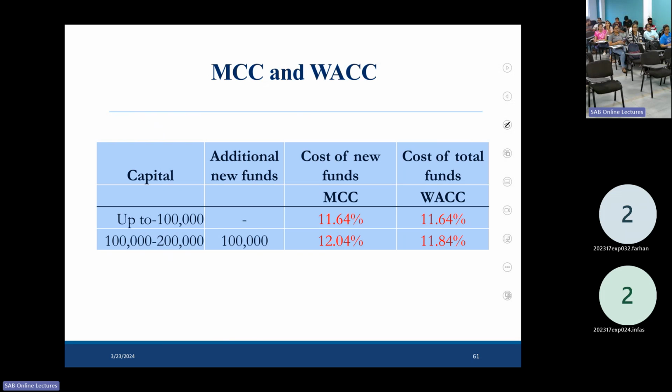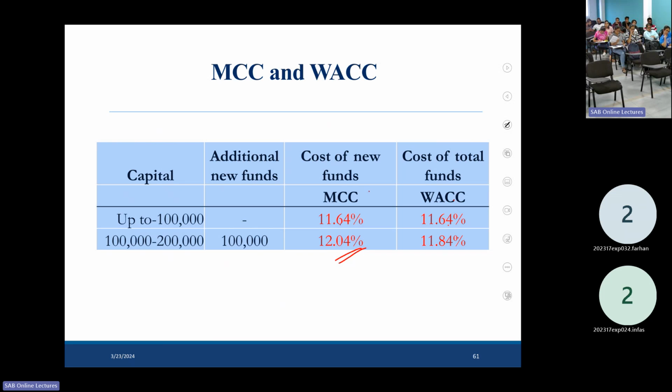If you look at this table further, you can see up to 100,000 both are the same. WACC and MCC both are the same. From 100,000 to 200,000, when you increase your total capital with an additional 100,000, now this is the MCC. For the additional 100,000, your MCC is 12.04.